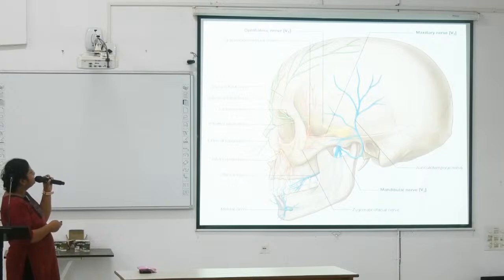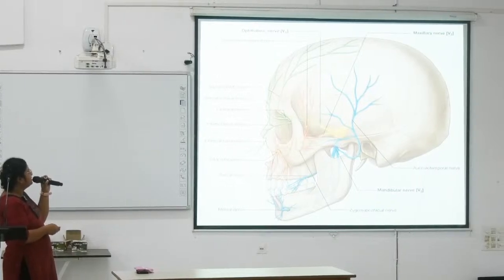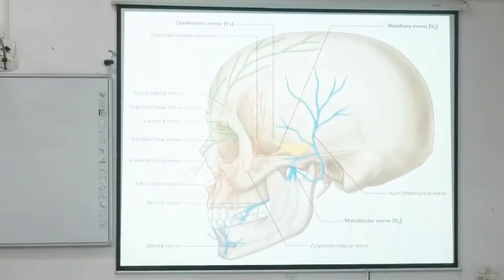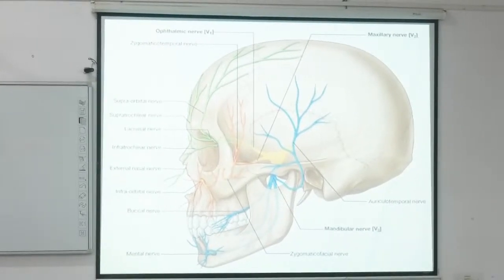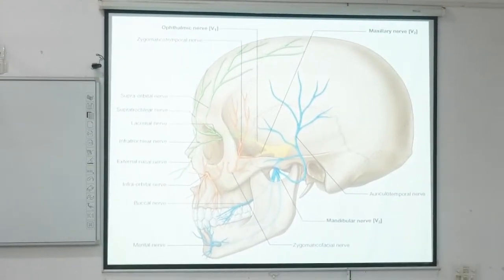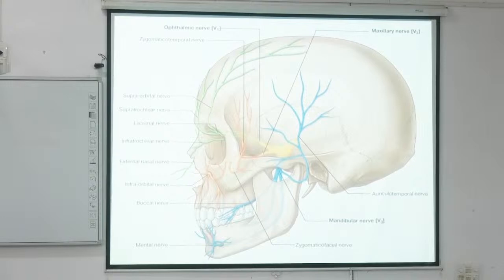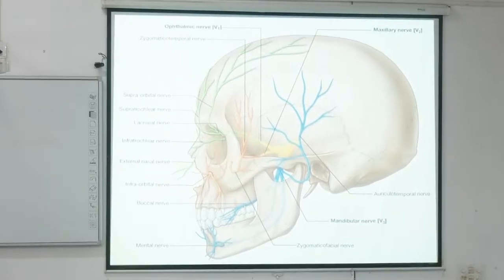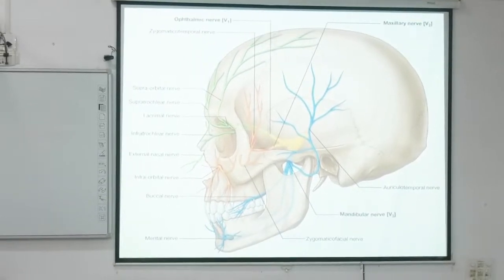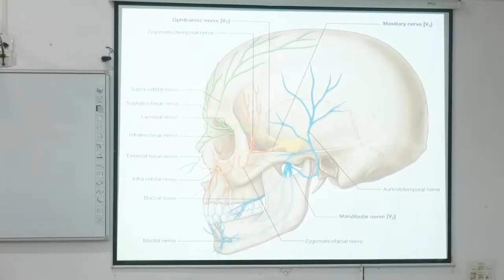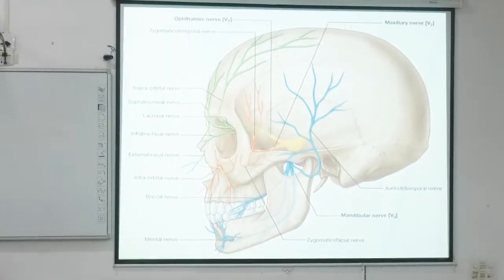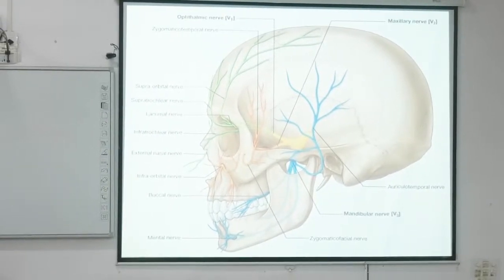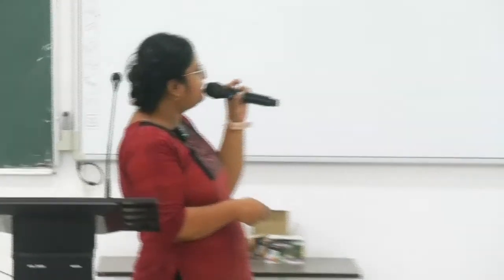These 5 are branches of the ophthalmic division. Then the maxillary division: infraorbital, zygomaticotemporal, and zygomaticofacial. These 3 are branches of the maxillary division. Here are branches from the mandibular division: buccal and mental, and here is the auriculotemporal. These 3 are branches from the mandibular division.